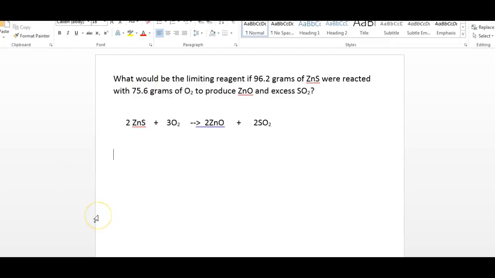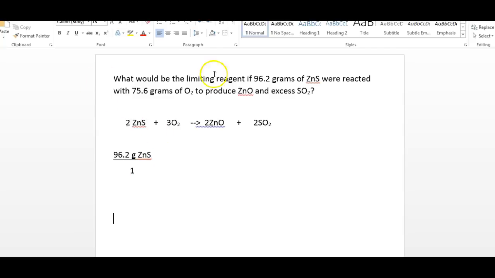So if we start off with 96.2 grams of ZnS, that's our first thing we've got to figure out. So we've got that one.